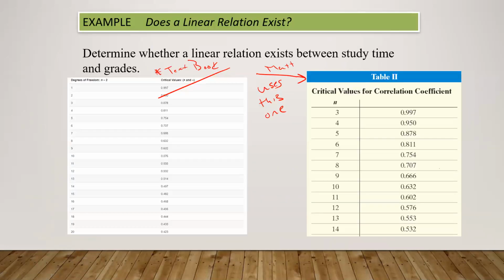So you go to the chart and you find 8. The reason I like this chart is because it just lists n. Here you have to do n minus 2, so 8 minus 2 would be 6. It's just a little different, which is why I think this one's easier. And then this is its critical value.